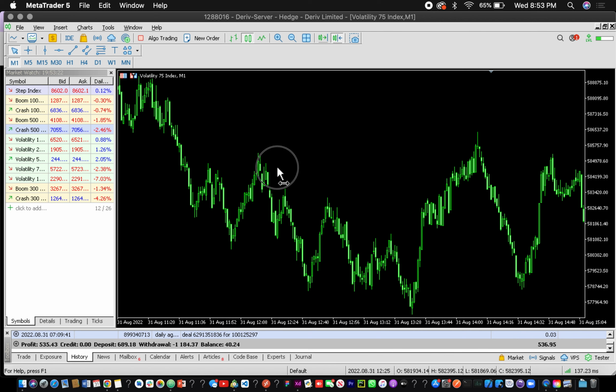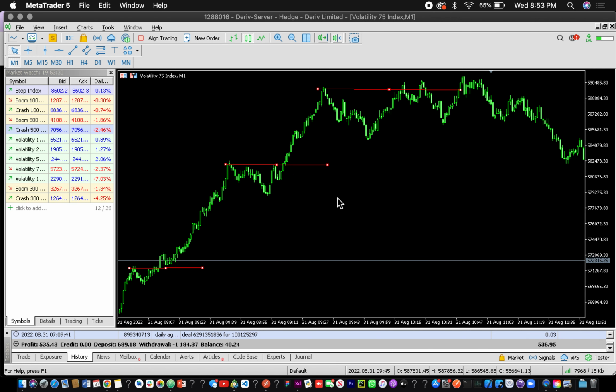So this is the thing. I personally love the trend. I'm a trend lover. Never trade against the trend if you want to make money trading, whatever market it is. Never try to trade in the opposite direction, even trading reversals.